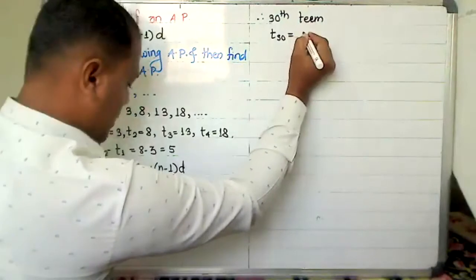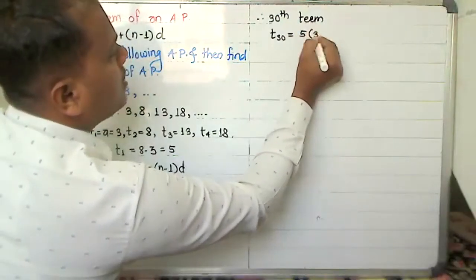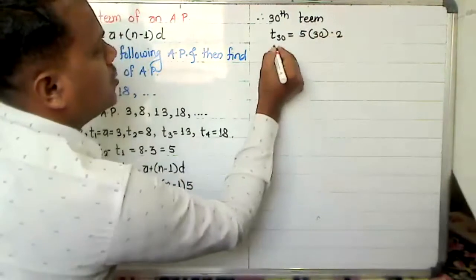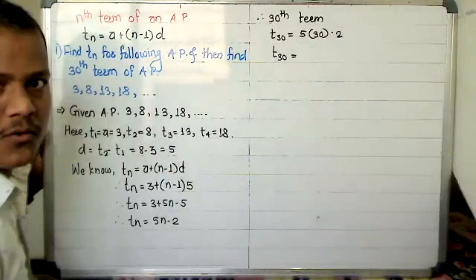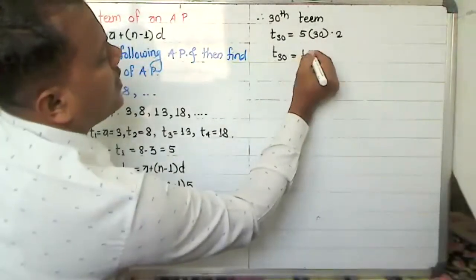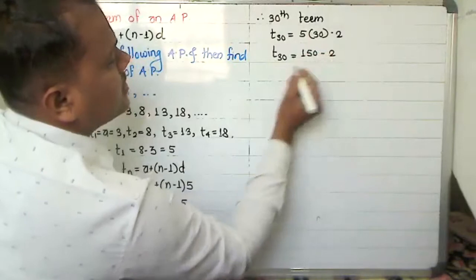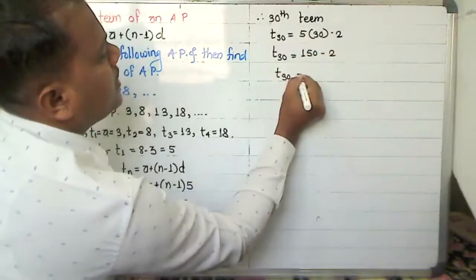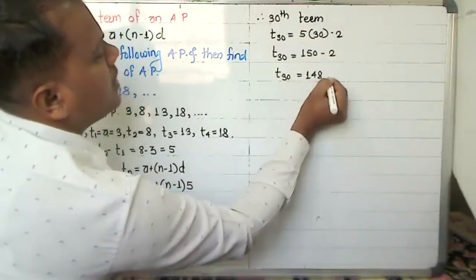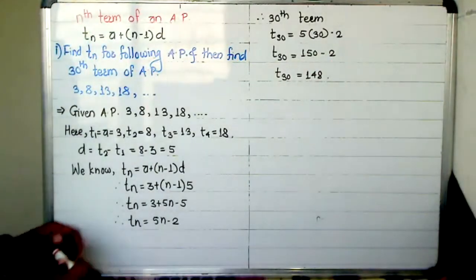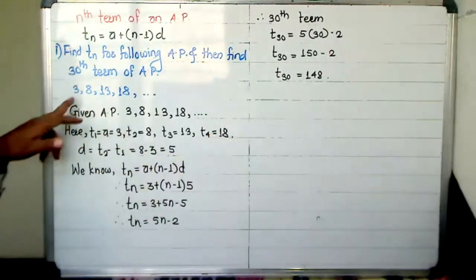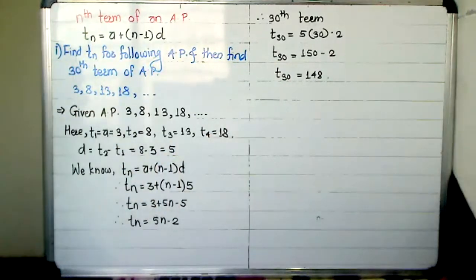By using the formula, 5 into 30 minus 2. 5 into 30 is 150, so 150 minus 2. So T30 is equal to 148. This is the 30th term of this given AP. I hope you understood this. Now we'll see some next examples.